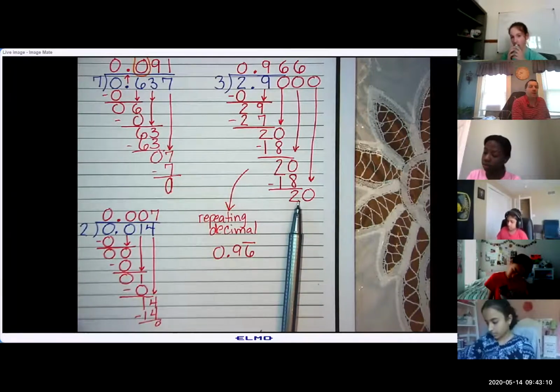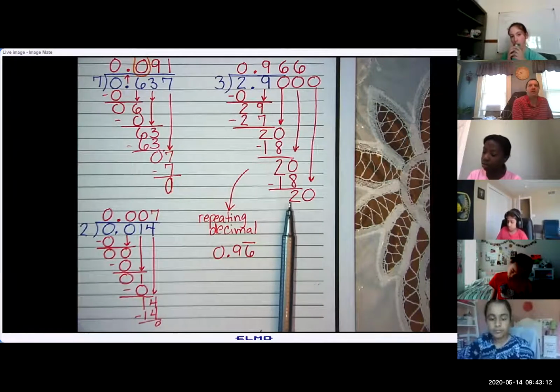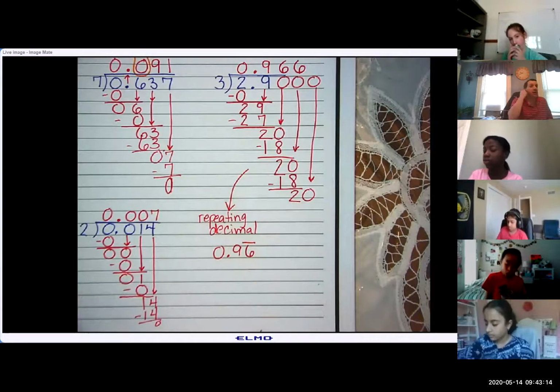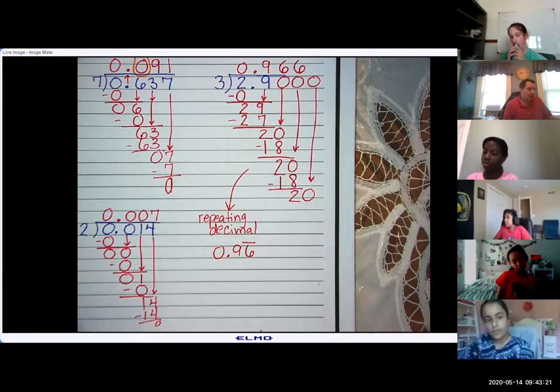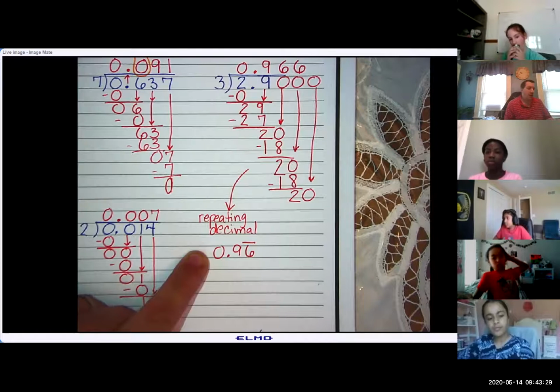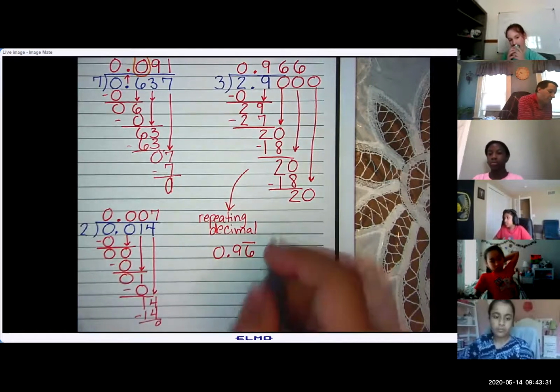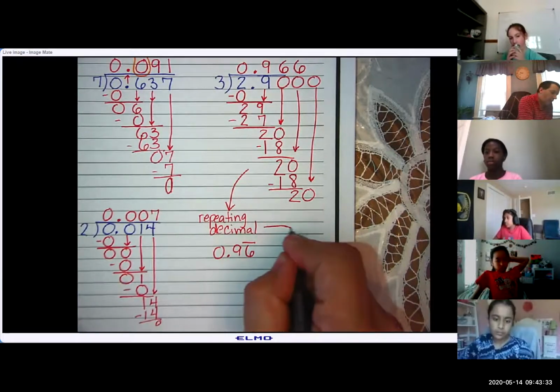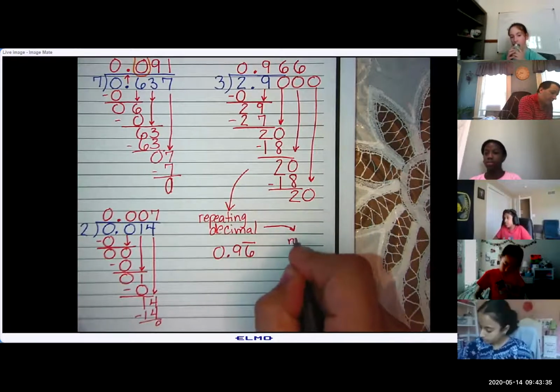What your book is looking for you to do is they want you to round to the nearest thousandth, is what they say. So this you can't do in your workbook. You can't type this into your Google assignment. So this is what I would have you do. You can also do some rounding.